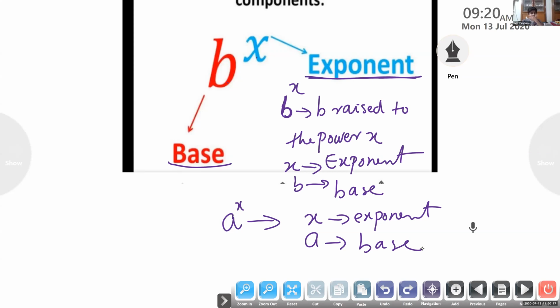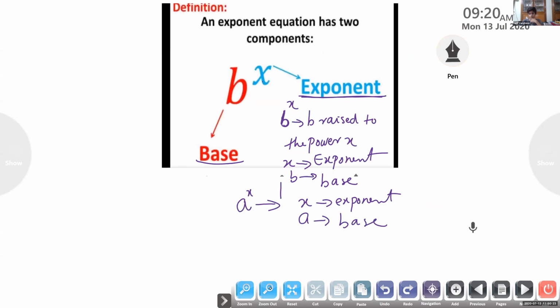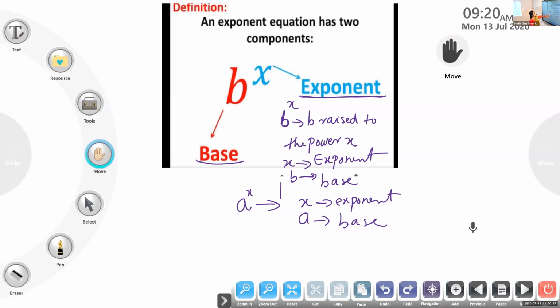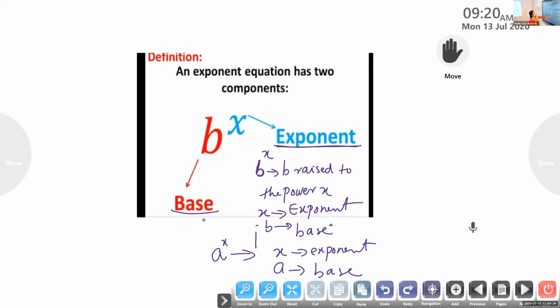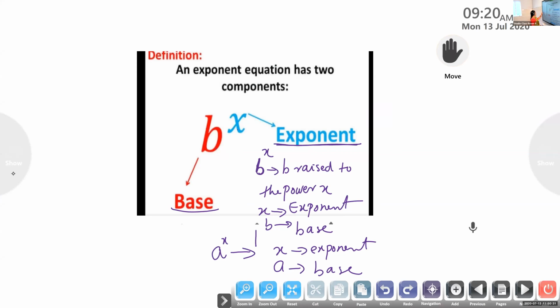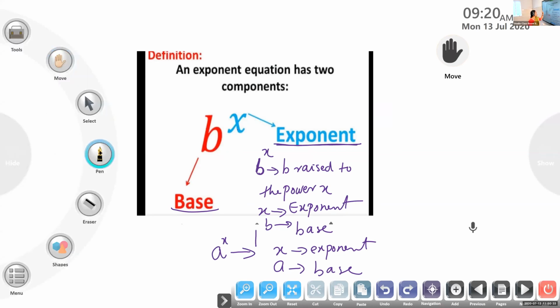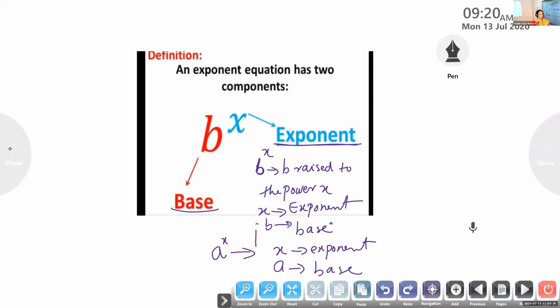So all of you write this. An exponent equation has 2 components. Then write b raised to x and put a comma. Then write x is exponent. B is base.